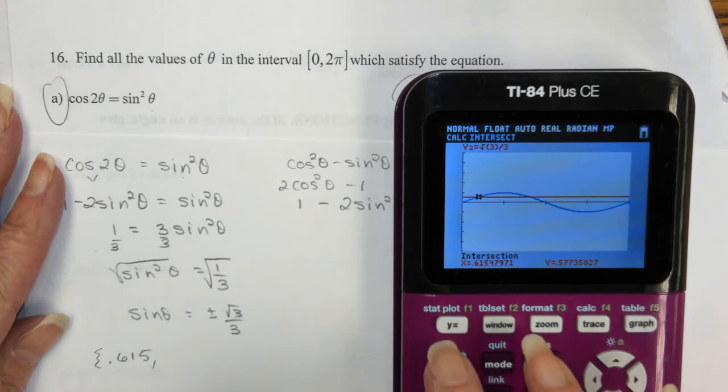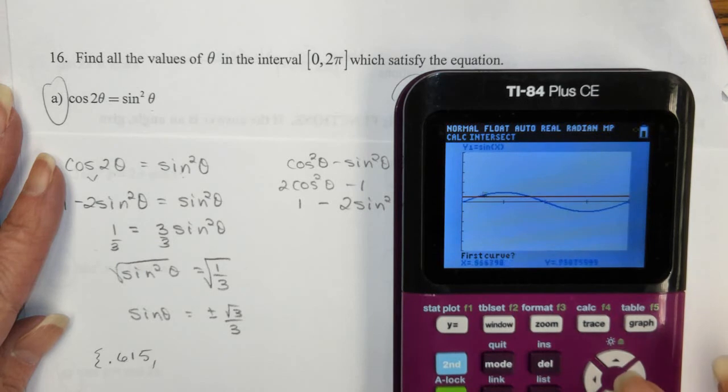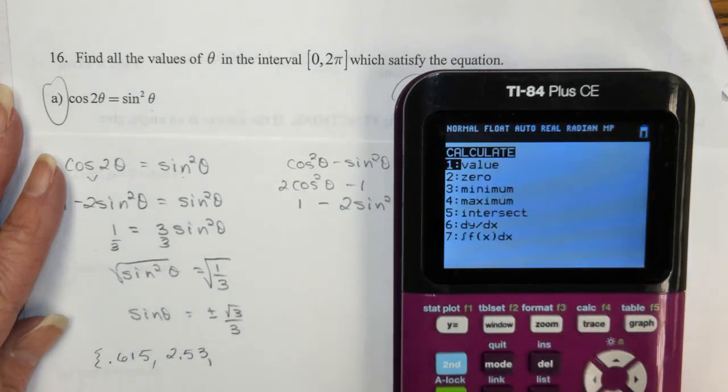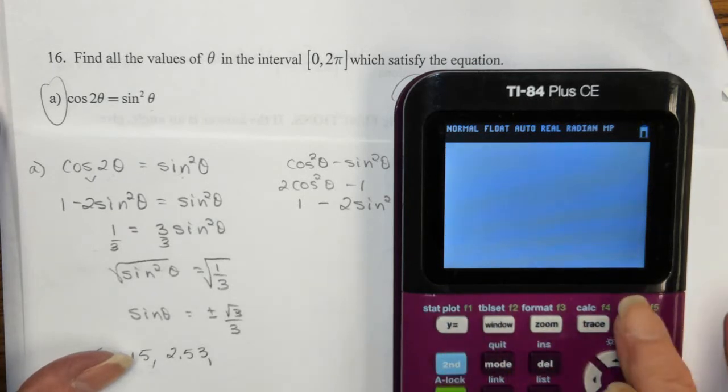Our second answer is going to take a second or two, is 2.53.